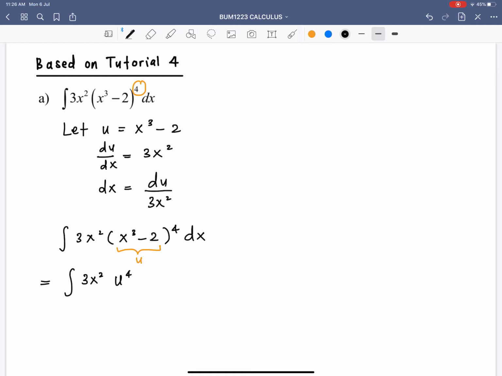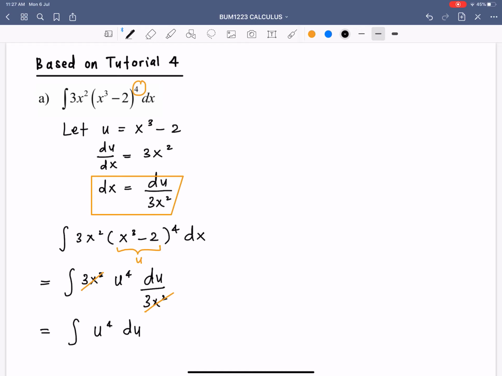And we know that dx is du over 3x squared. And then we can cancel out 3x squared. So what is left is the integration of u power of 4 du. Ta-da! You get it now in terms of u only, where this is a simple integral problem.